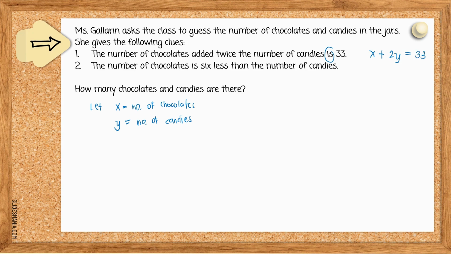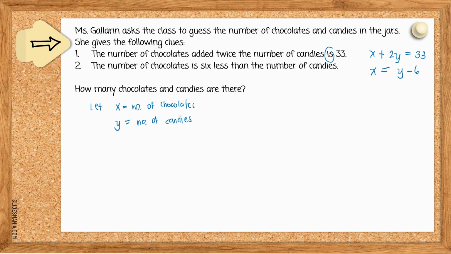Second one, the number of chocolates is 6 less than the number of candies. Please take note that 6 less than the number of candies is different from 6 less the number of candies. That's different.